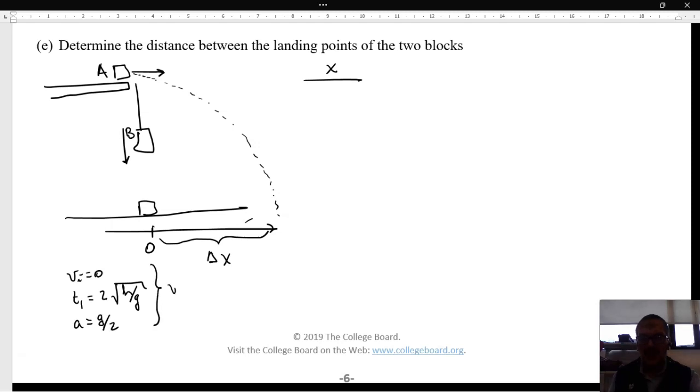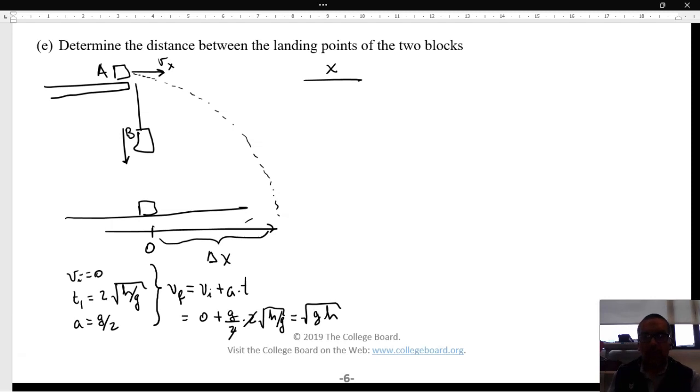This can help us to get the final velocity, which is going to be the x velocity, a times t. So this is 0 plus g over 2 times 2 times square root of h over g. And this simplifies, if you look at it closely, 2 cancels out, g can go into the square root as g squared, and so this has become g times h. Look at it slowly and you'll see that it's right.